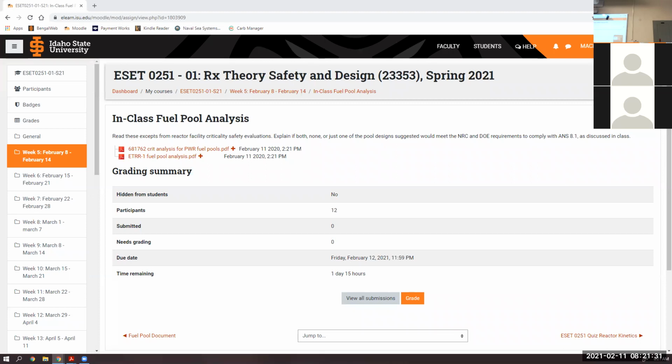It's kind of hard to understand. I think what it's saying is they're not worried about criticality because the fission of the material is low enough to not be concerned.